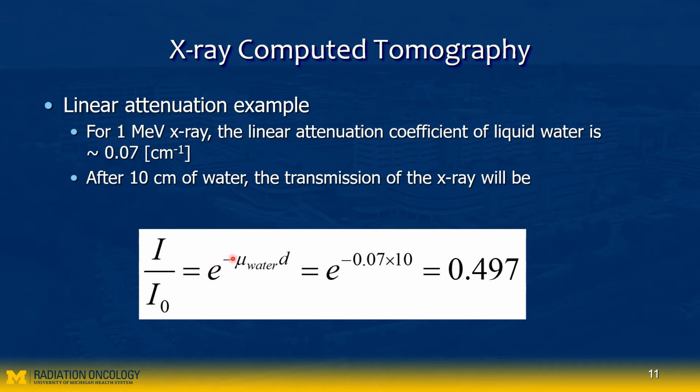It's a negative exponential because of exponential decay, with the linear attenuation of water, which is 0.07, times the thickness of water, so basically how much water it goes through. That is about 50%. In other words, if a 1 MeV X-ray goes through 10 cm of water, you lose about 50%.